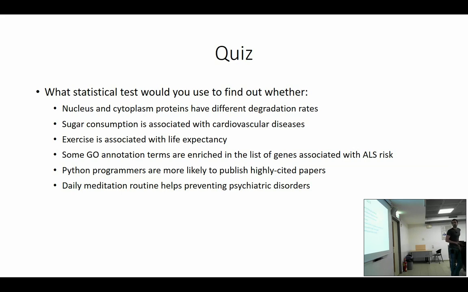So let's say that we have 1,000 genes which are associated with ALS, and we have, I don't know, 200 genes which have some Go annotation, say DNA binding. And then we have some overlap between them, let's say 30 genes which have both annotations. We want to see whether 30 is a lot.